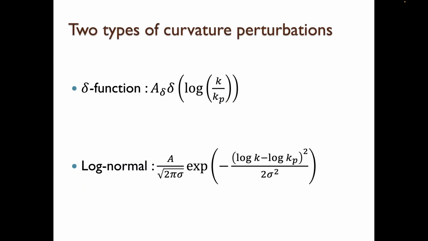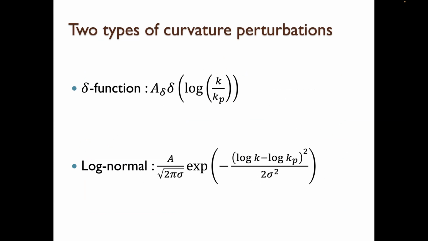So, okay, with this big picture, let me talk about our analysis very briefly. We consider two types of curvature perturbation. First is the delta function shape curvature perturbation, which has a monochromatic k mode, like the comoving wave number at k_p.